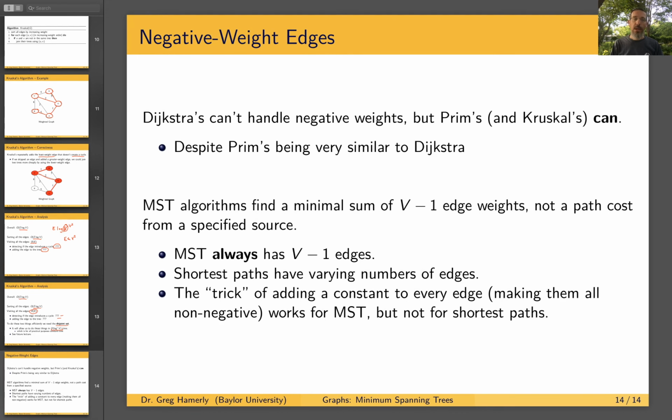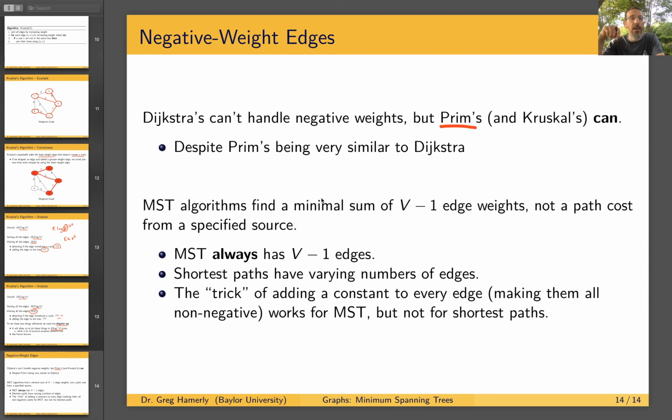Okay. Now, one last comment on minimum spanning trees. Turns out that they can handle negative weight edges just fine. Remember that Dijkstra's algorithm cannot handle negative weights, but Prim's algorithm, which is just like it, and Kruskal's algorithm can. Okay, and the reason is this: MST algorithms find a minimal sum of edges, but there's always the same number of edges in the spanning tree.